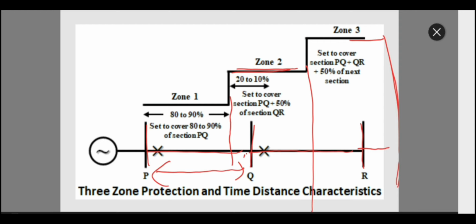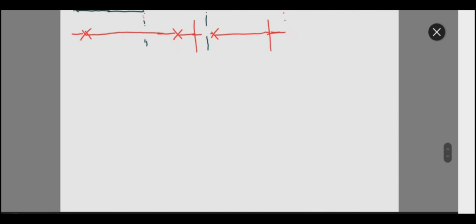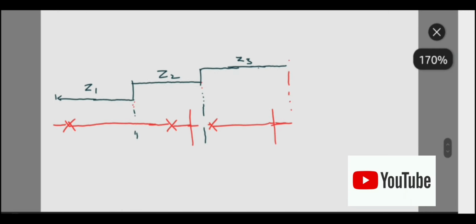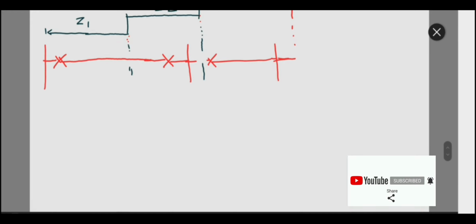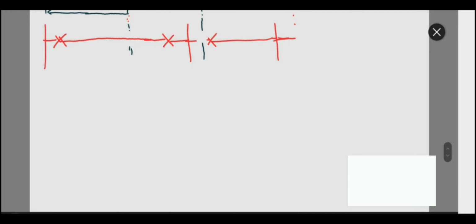Let us now see how these different zones operate. You can see in this diagram, different zones are given in the transmission line. We give different impedances, different zones, and if we do not divide the zones based on time, then the relay will not operate in a fruitful manner.